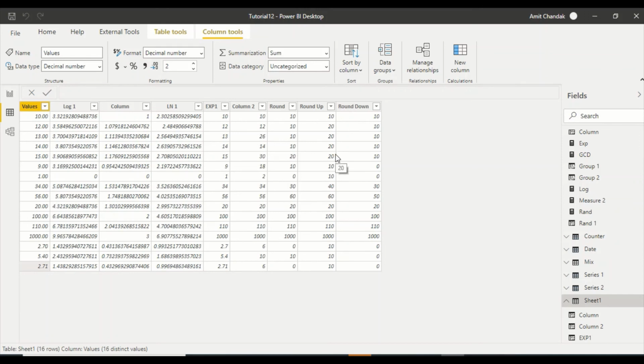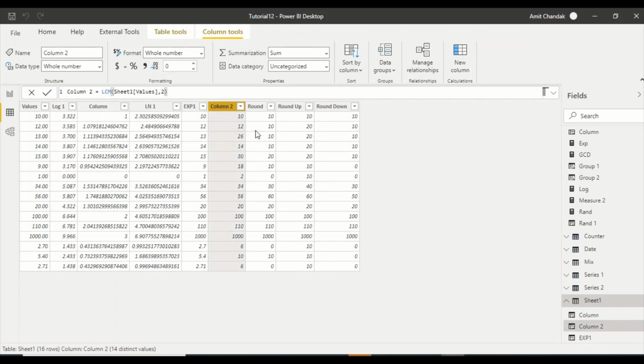So try these three functions out, very important. You will have use cases where you can only use round up or round down, and in those places you have to go ahead and use round up and round down. One more thing: rounding is also available here. So you can actually say I want 3 decimal places, and you will get 3 decimal places out here, so the number will get rounded.